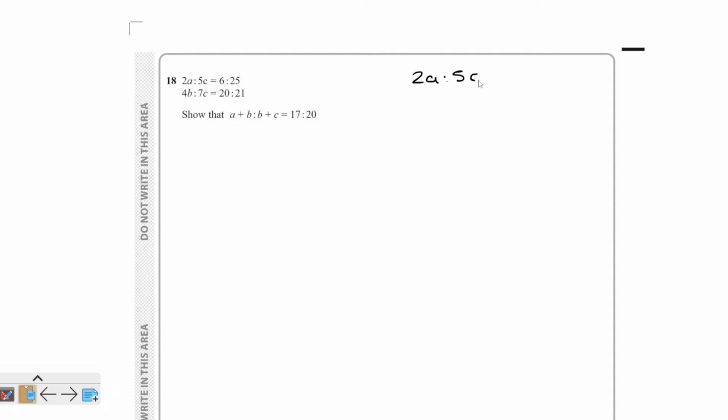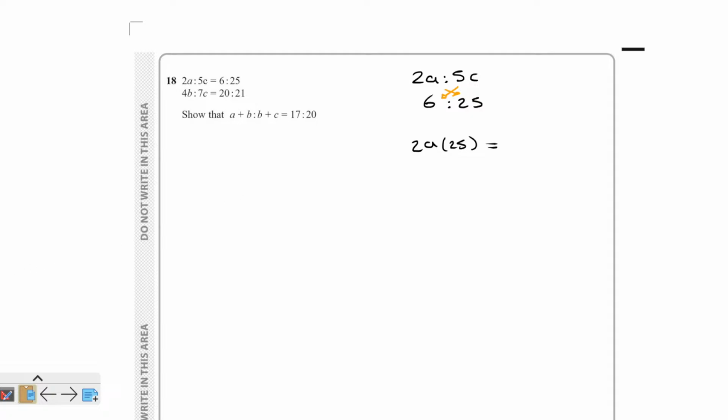So let's say 2a to 5c is 6 to 25. There are 2 ways to write them as equations. If you cross multiply, you can put them equal. So 2a times 25 is equal, and then you multiply the other side, but opposite.